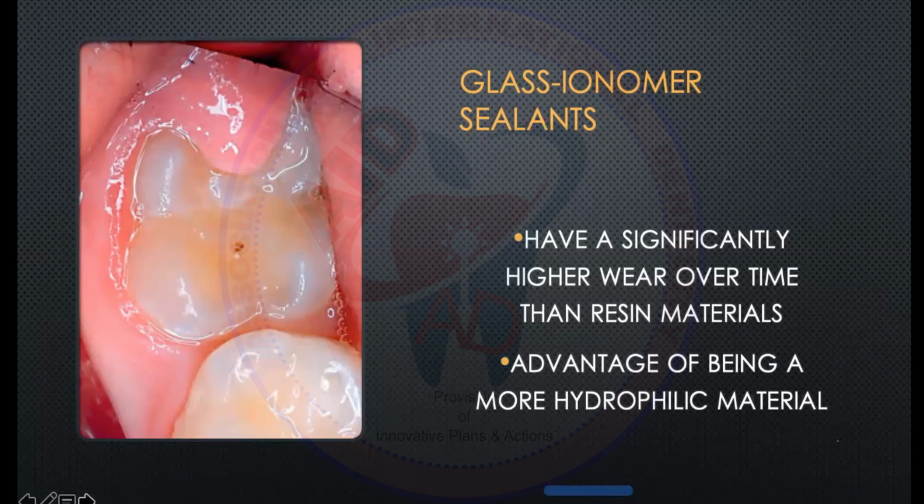But from the history of the patient, we know that the patient has a high risk for caries, and if you do not apply it on time, there may be a cavitation. So you want to avoid the cavitation, you want to apply Pits and Fissure sealants in such patients.